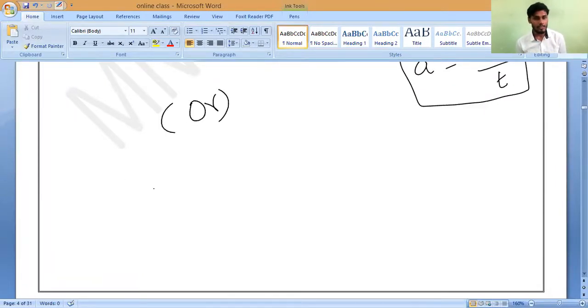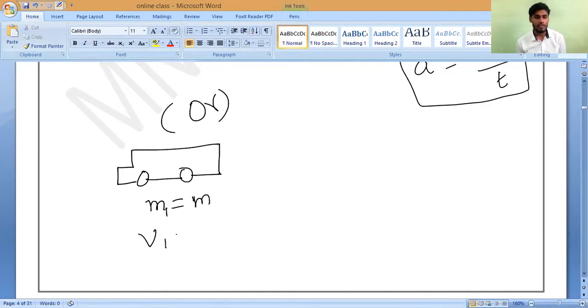So now let us consider that this is my body, the first body, my car. Is mass always constant or not? Let me imagine in the initial case M1, m equals m. Initial velocity, let me imagine u, equals 10 meter per second.